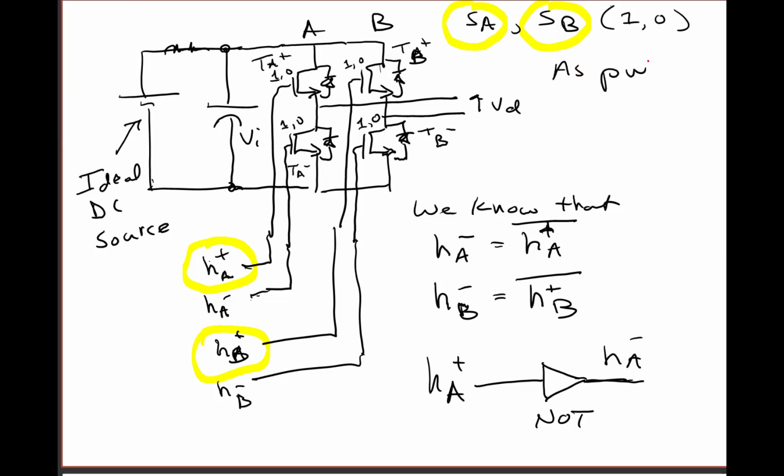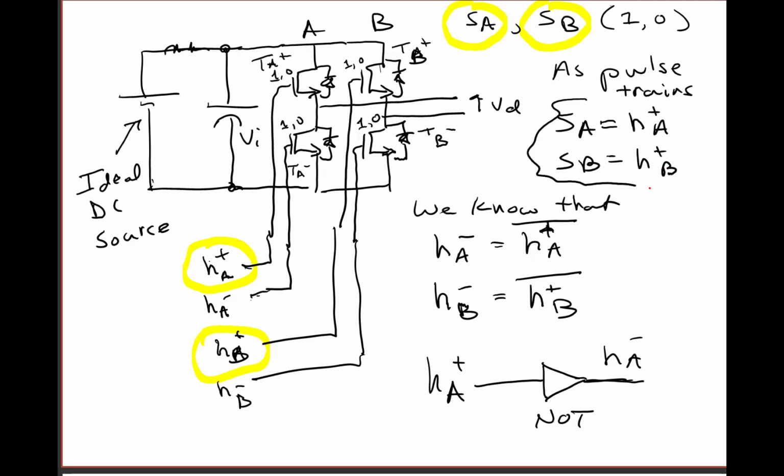S sub A is equal to HA plus, S sub B is equal to HB plus. But as you look in literature or online, they'll often interchange these things.